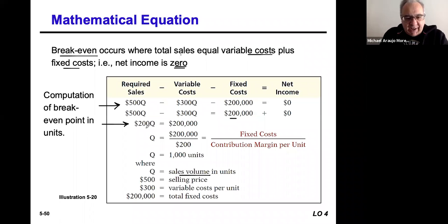And now you can isolate the Q, although I don't like to isolate Q's because I like Q. Okay, never mind. So Q would be left alone here on the left. Boo-hoo. 200,000 divided by 200 would give you 1,000 units. That's the quantity that we would have to sell in order to break even, in order for net income to be 0.